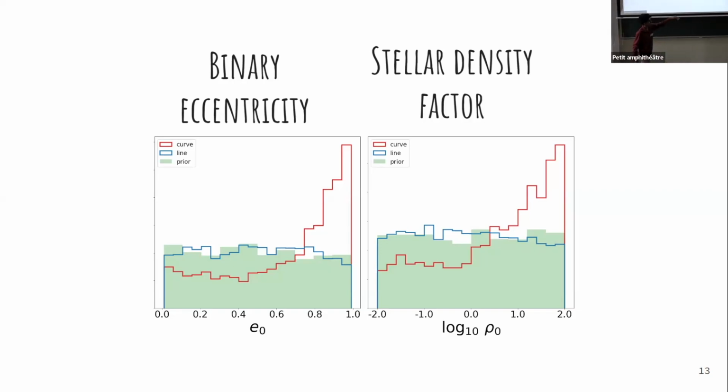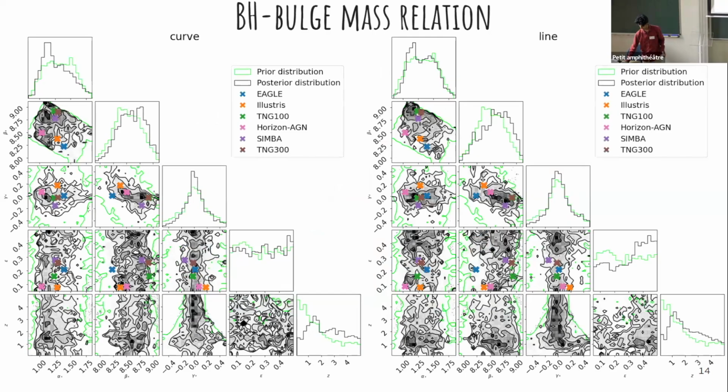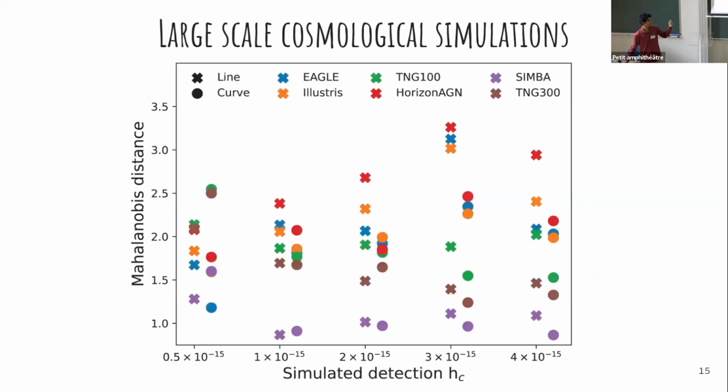But just to see the profile, and that's the stellar density factor. And I use other large scale cosmological simulations like Eagle, Illustris, Simba, and all, to see whether this model and the parameters we get from those simulations are consistent, and we have received more consistent results by checking.